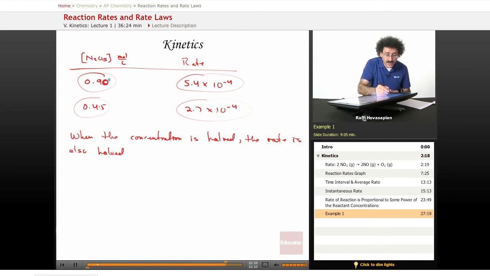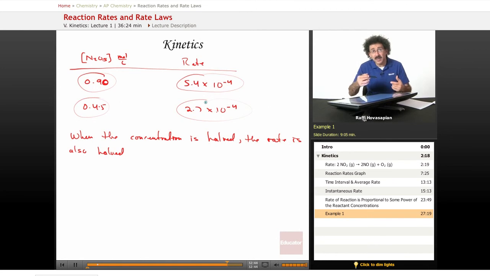We arranged it so we can check the rate at concentrations that are easily comparable. So 0.9, 0.45, this is twice that, this is half of that. So when I halve the concentration, the reaction rate is also cut in half. That's a linear relationship.